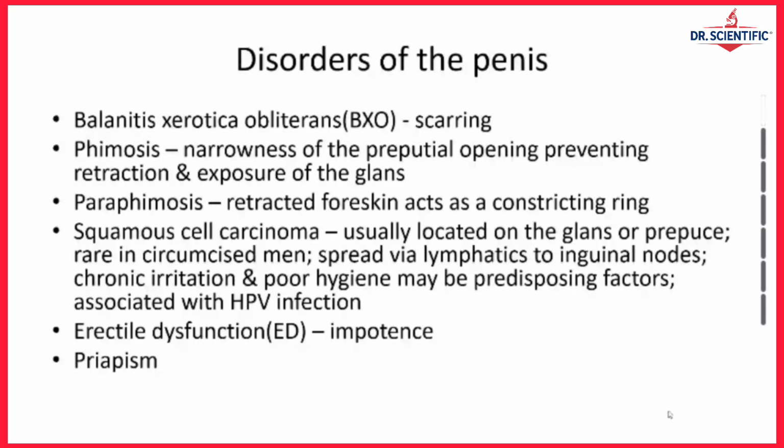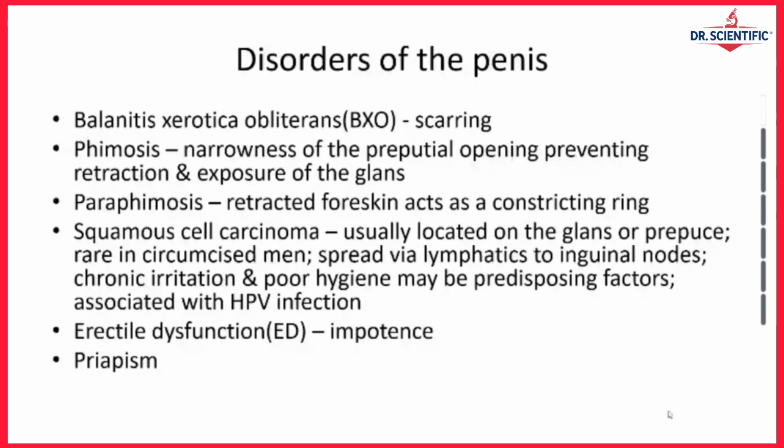So it forms like a ring around it. And it can be so tight, it can even amputate the penis. So also for this one, you'll have to do circumcision to prevent it. Of course, there is a manipulation, I think in one of the diagrams, of how you can push using the thumb and even the forefinger to try and retract it forcefully over the glans.